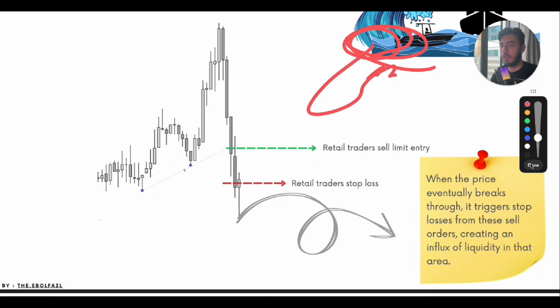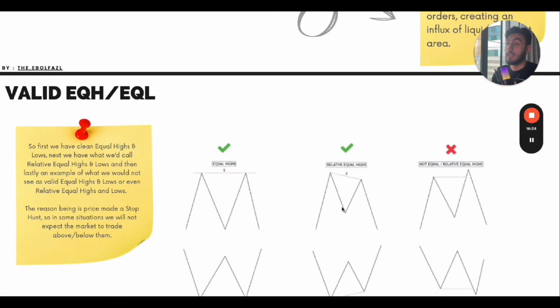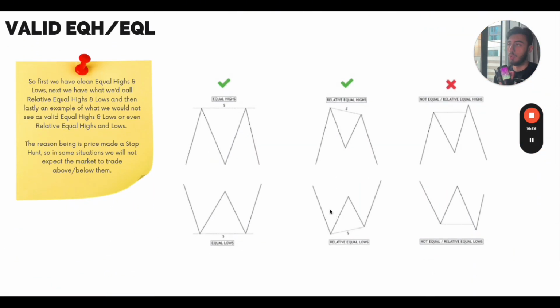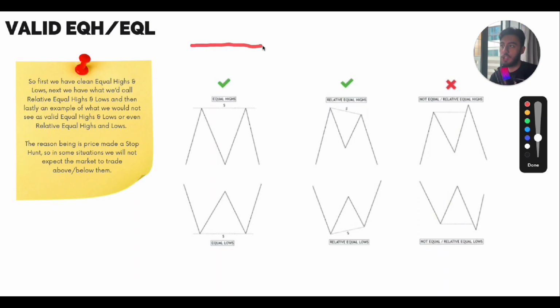Now let's dive into the differences between valid equal highs or lows. First we have a clean equal high or low. Next we have what's called the relative equal high. A clean equal high is one where the line is pretty much equal. It's not like this or like this.